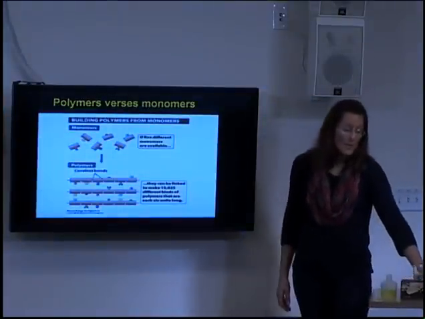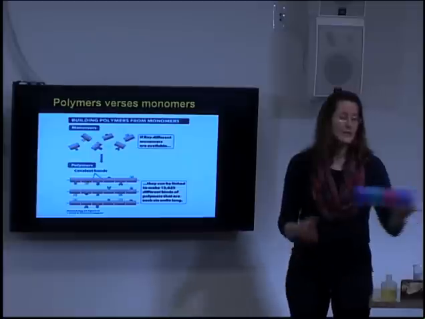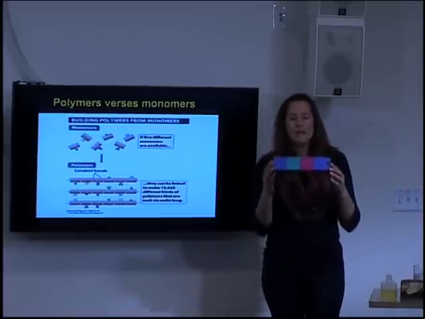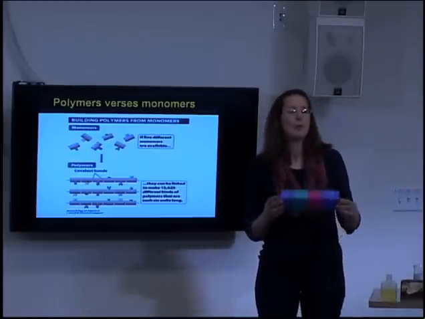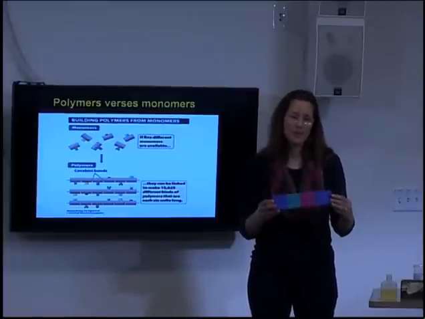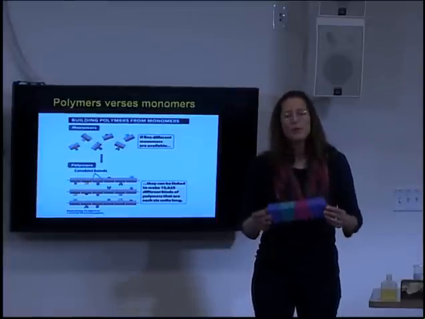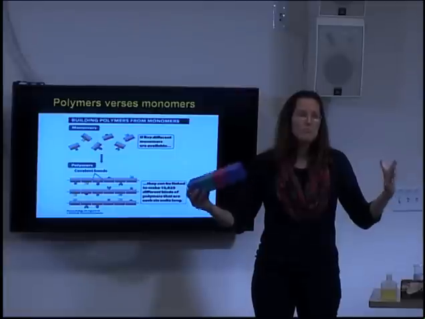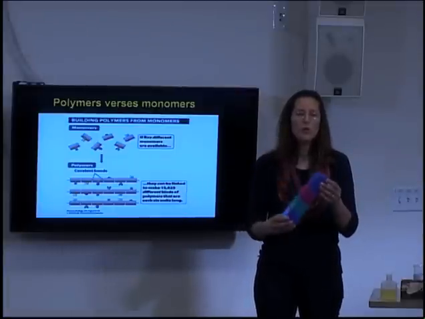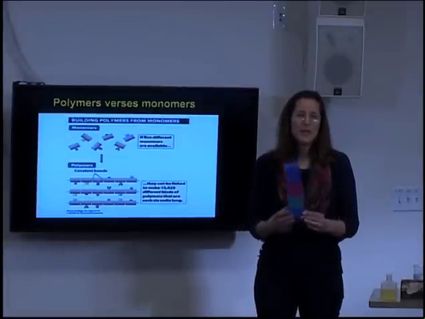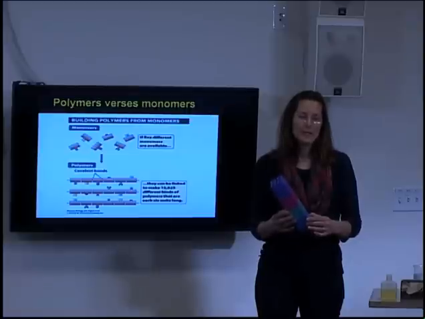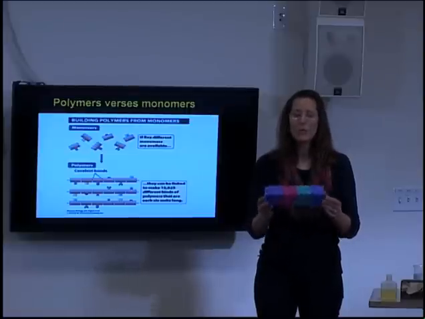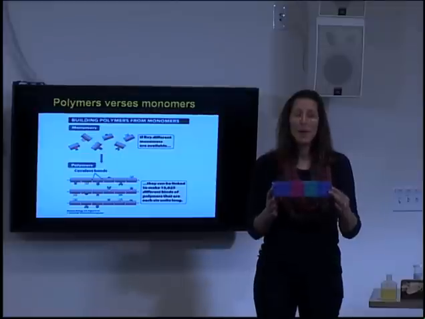The first thing we want to talk about before we get started into the specifics of this is we want to understand the difference between a polymer and a monomer. A polymer is just a really big molecule composed of repeating units. You can think of these as Lego bricks. And when the Lego tower is assembled, that's the polymer.